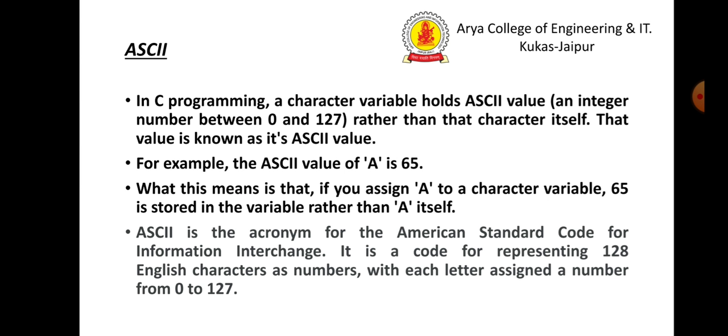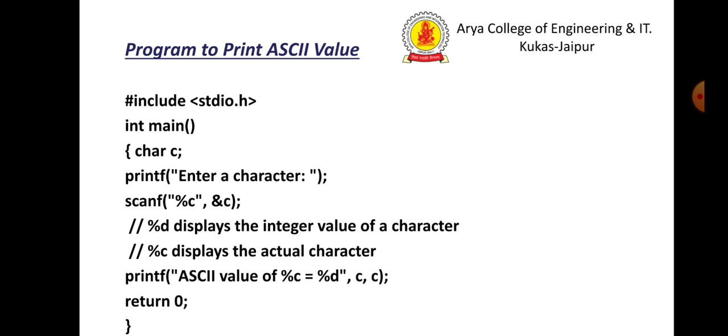Capital A is 65, then B is 66, C is 67 and so on. So all 128 characters, special characters and numerals, a total of 128, lie in the range from 0 to 127.